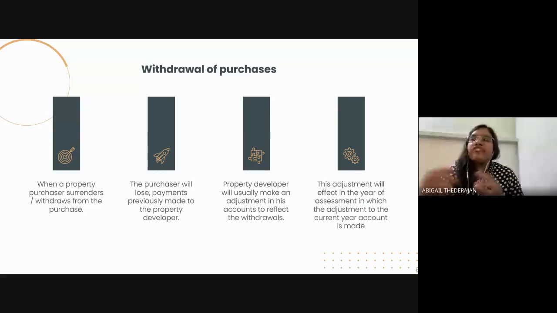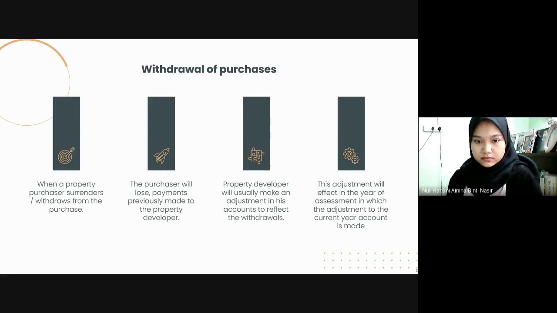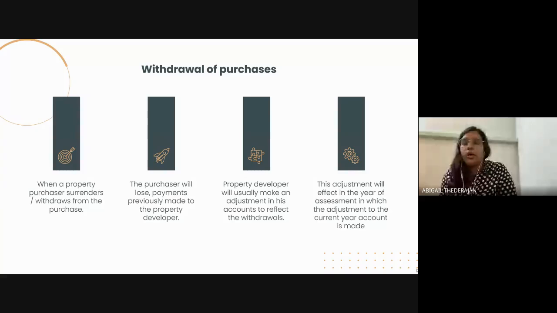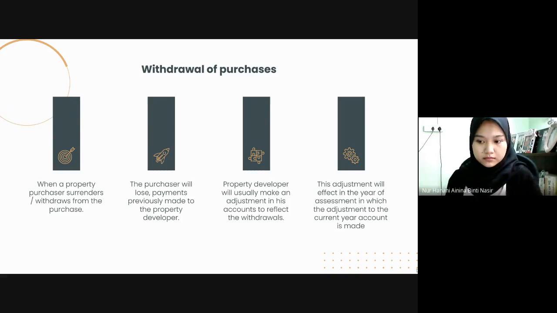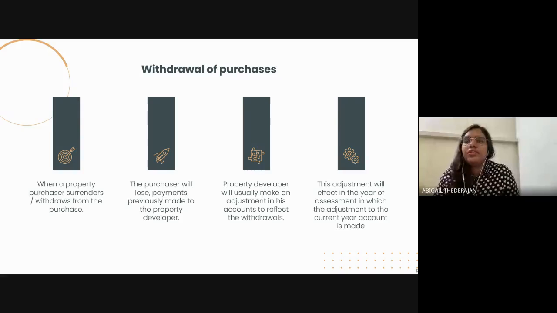That means I have finished my payment for 2020, but I'm withdrawing in 2021. Whatever I paid for 2020 is already calculated into their account, and they will consider the withdrawal in 2021 only. They can't reopen the account because it's already the end of the year.